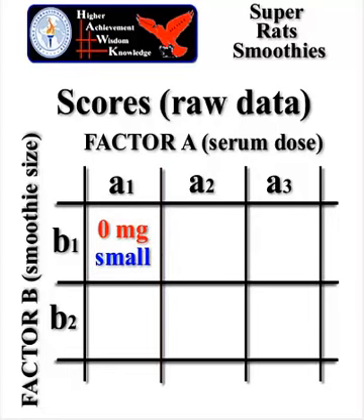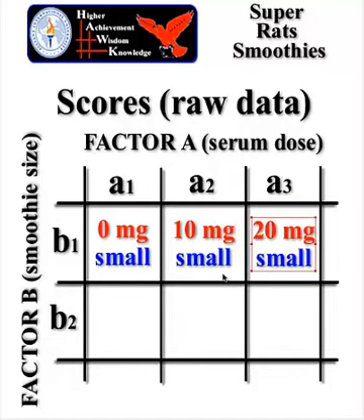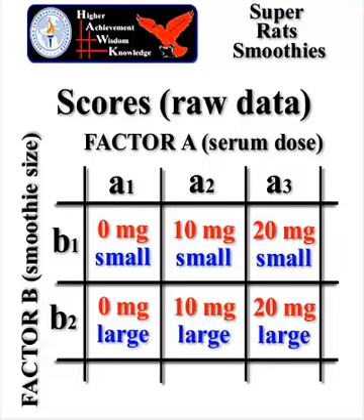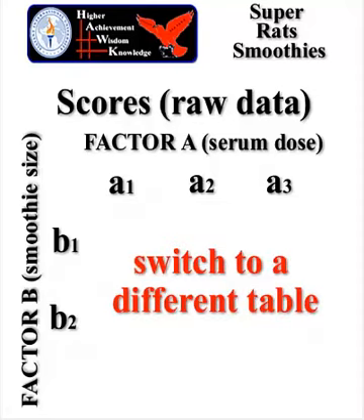But these cells represent each treatment the rats get in that cell, right? So 10 milligrams small smoothies, 20 milligrams small smoothies. The bottom row is the same drug amount, but they're all in the large smoothies. So they all got treated, and they were all given a push-up test, right? They counted how many push-ups they did.